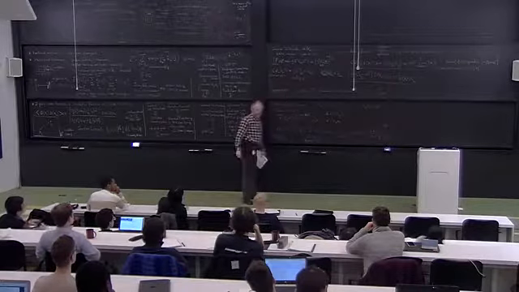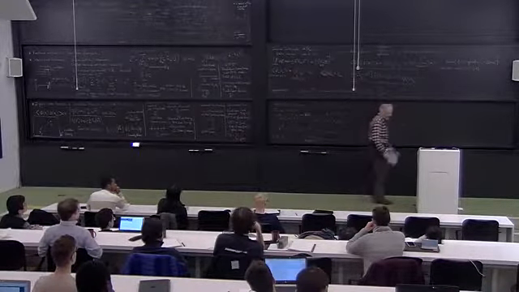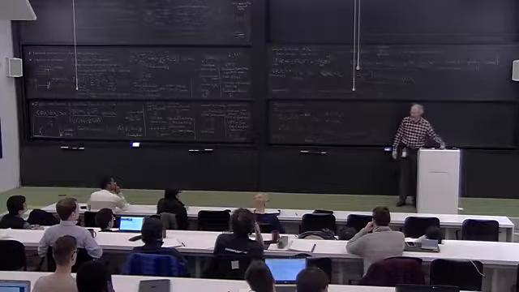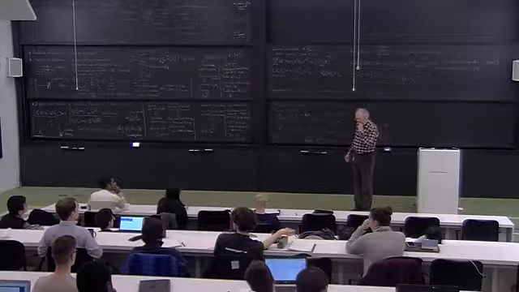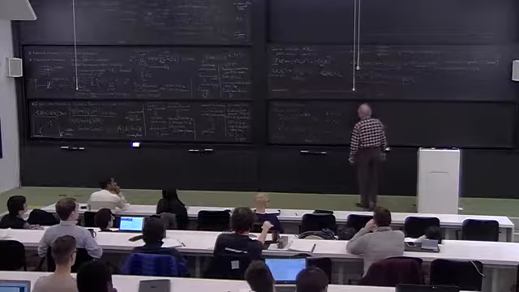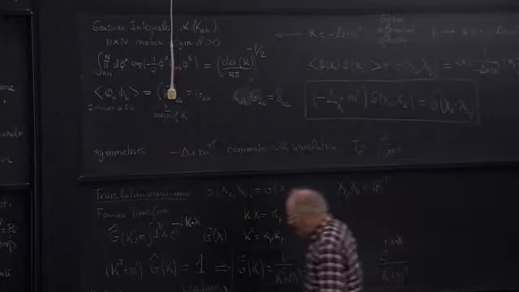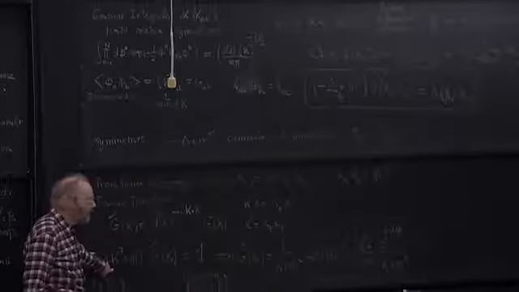Okay, so we're inverting an operator. Isn't 0 an element of the spectrum of the operator? And if not, how can you invert it? No, it's not 0, because these are the eigenvalues of the operator: k squared plus m squared.